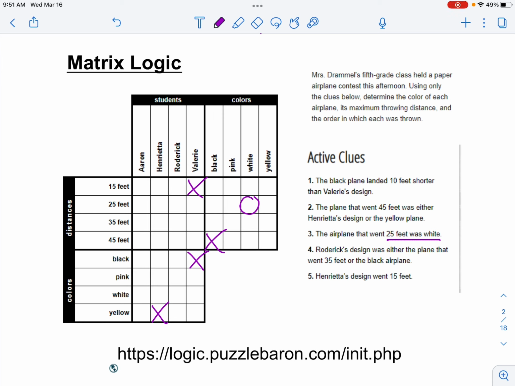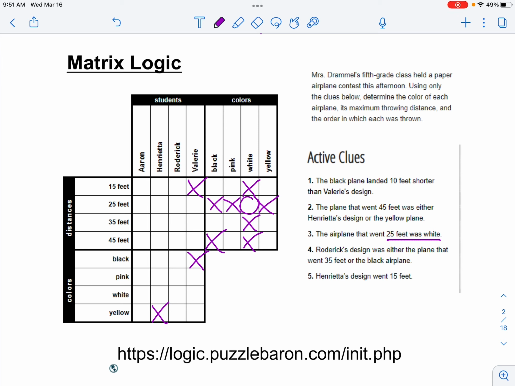Whenever you have a circle, the rest of the column can be X'd out, as well as the row. So if we know 25 was white, that means white was not any of the other distances. We can X out white 15, white 35, and white 45. And we also know that if 25 was white, then the other colors were not 25: black, pink, and yellow. Okay?